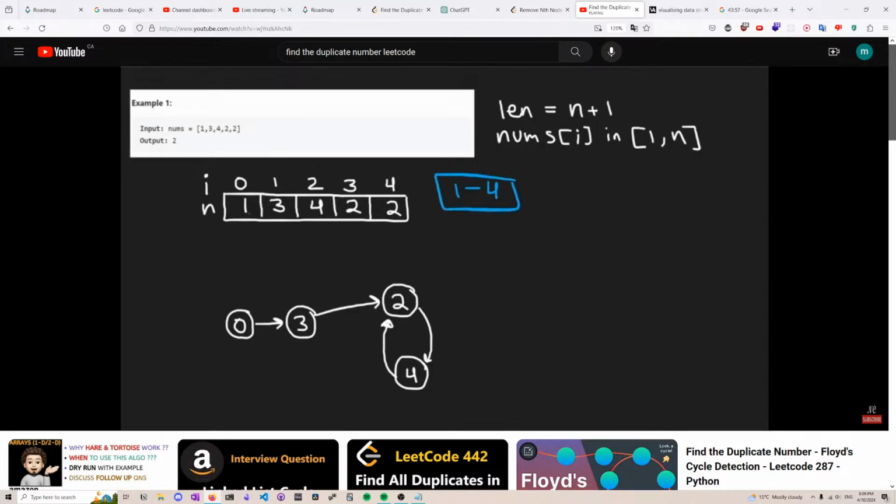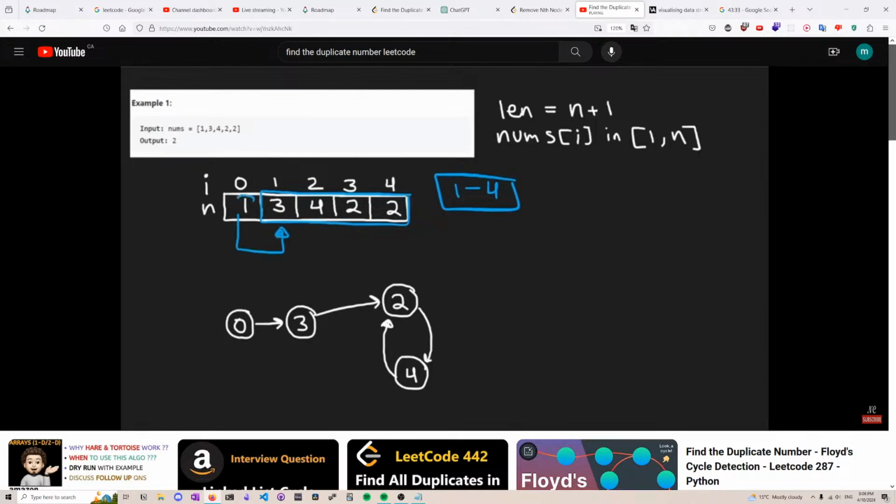And we know that the elements are going to be in the range 1 through 4, right? So basically, instead of thinking of these as values, let's think of them as pointers. So we know for sure that every single value in the array is going to be in the range 1 through 4. That means if we considered every value as a pointer, each value is going to point at some position in this block of 4.